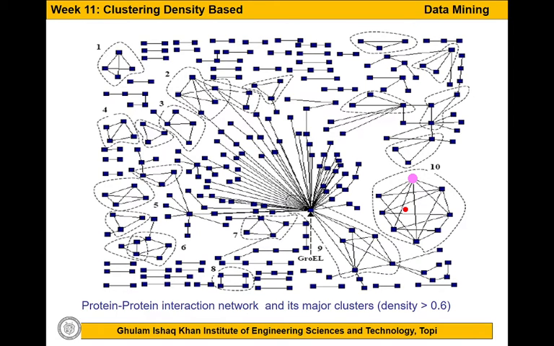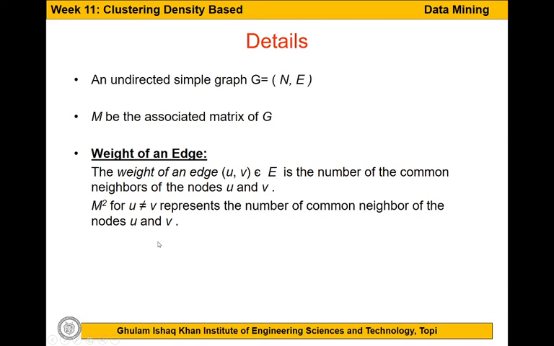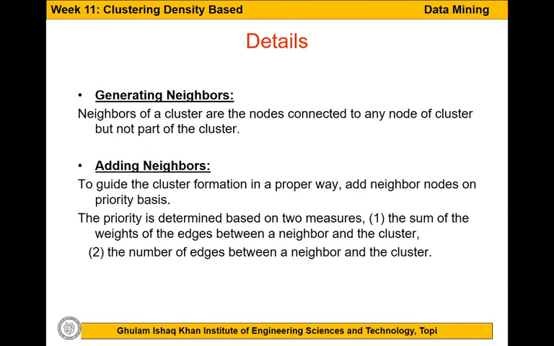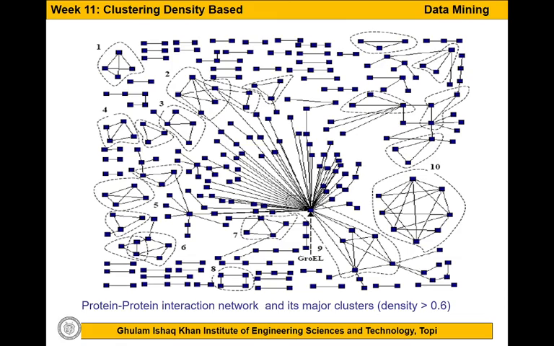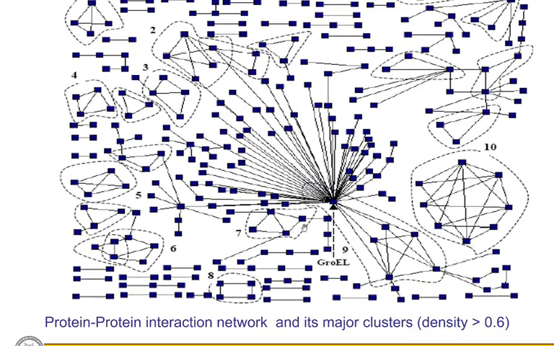Let me go to that step and make sure that I don't miss anything. Okay. Now the neighbors of the cluster are nodes connected to any node of the cluster but not part of the cluster, right? For example, everyone which is connected to this pink node is the neighbor. But let's assume that this node also becomes part of the cluster.